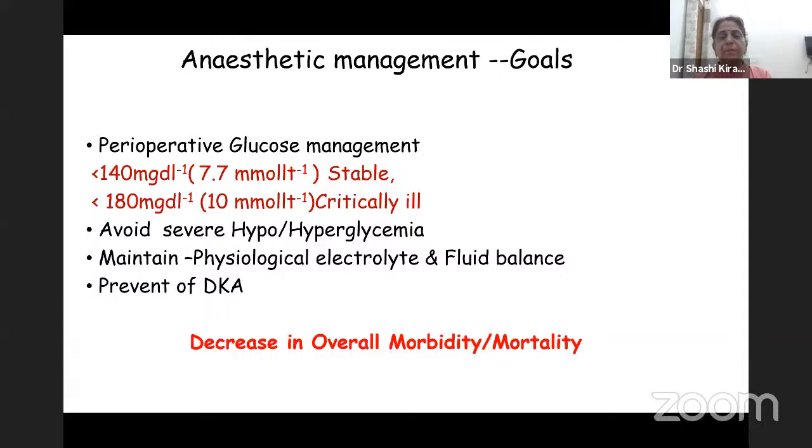Avoid any hyper- or hypoglycemia to a large extent. Physiological electrolyte and fluid balance should be maintained and diabetic ketoacidosis prevented. It is seen that if all these goals are met, there is a significant decrease in overall morbidity and mortality.